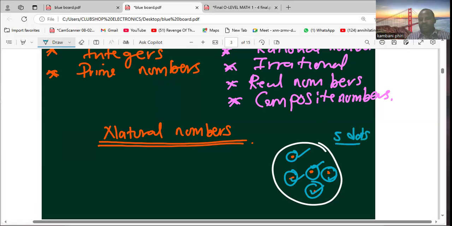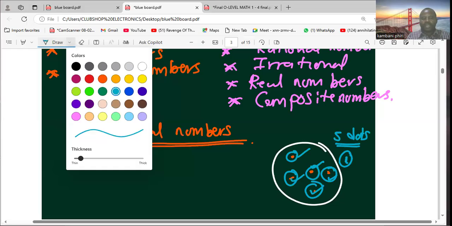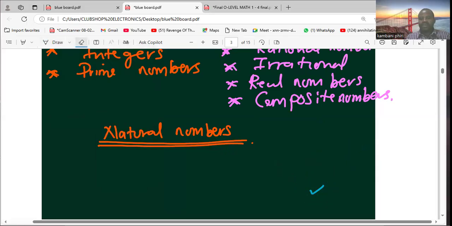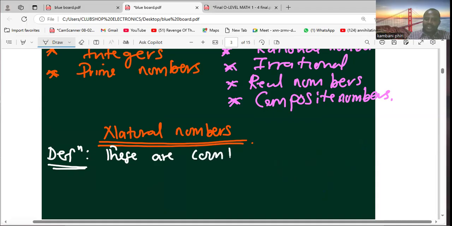Now, when counting, you realize that we started with the 1. Each time we are counting, we always start with 1. And such numbers are called the natural numbers. So by natural numbers, we mean, by definition, these are counting numbers.